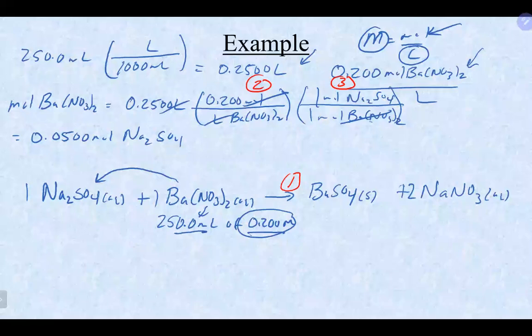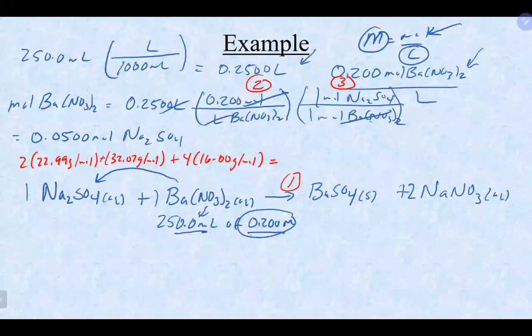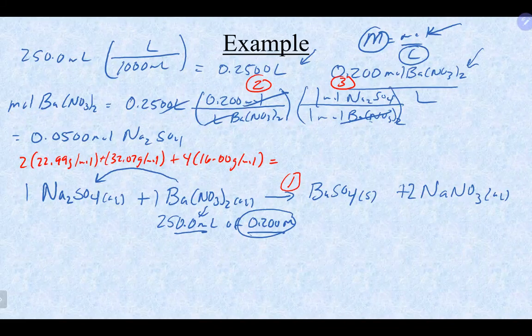The molar mass of sodium sulfate is 2 times 22.99 for our sodium, plus 32.07 for our sulfur, plus 4 times 16 for our oxygen. Looks like 142.1 grams per mole.